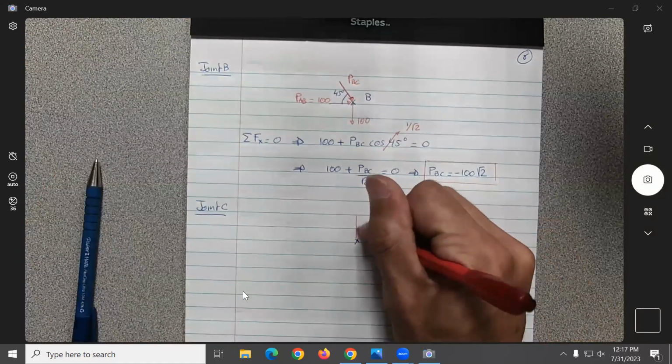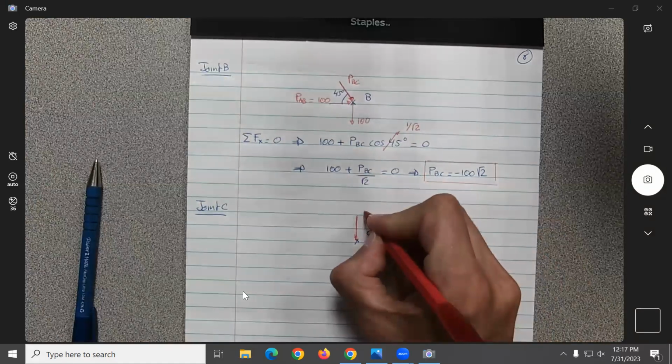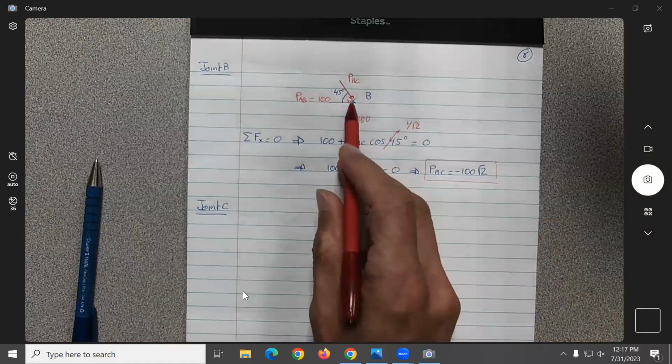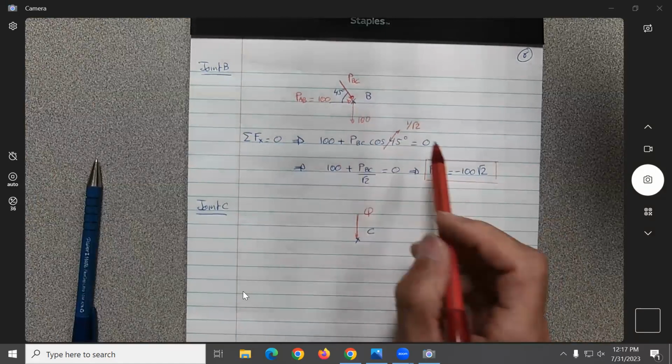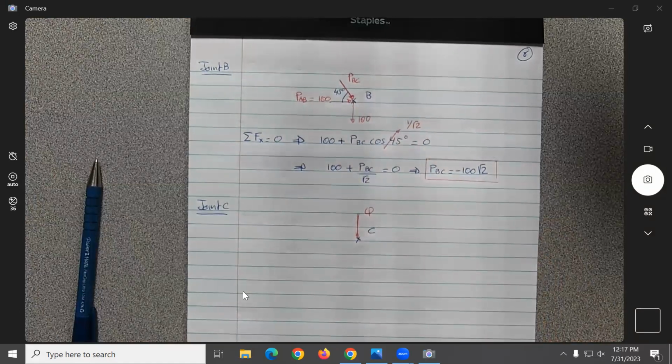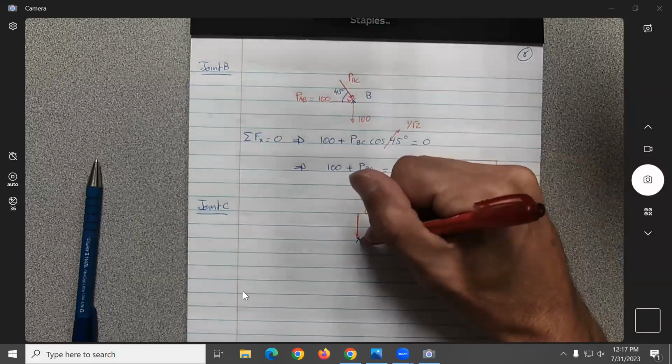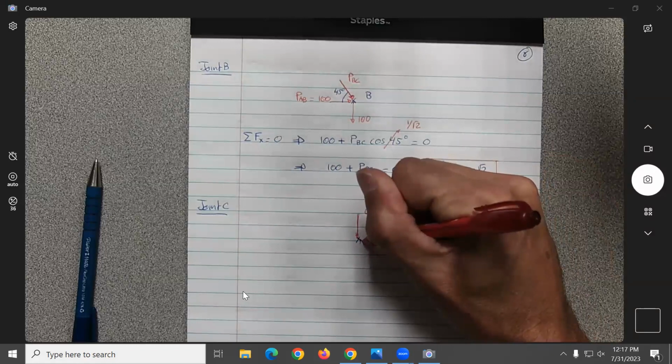We have our virtual force Q. We had over here PBC, going in this direction, action reaction here.